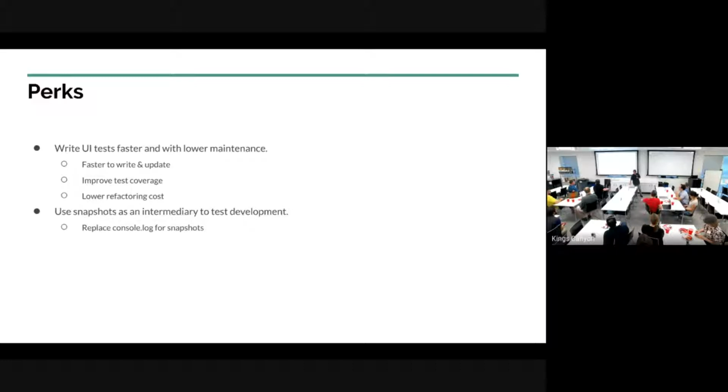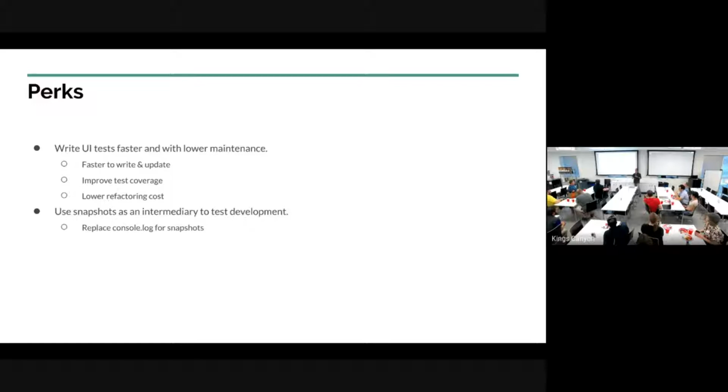Okay. Some perks. Writing UI tests is faster because, if you notice in the example from before, you just have some of your expect statements equal to snapshots. Maintaining it is pretty quick with these test runners.